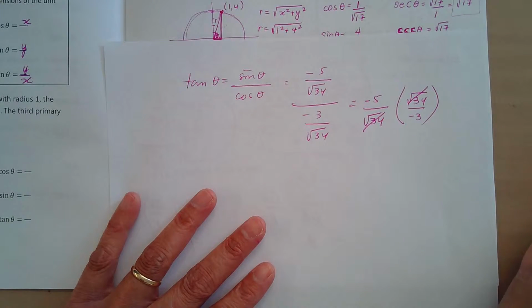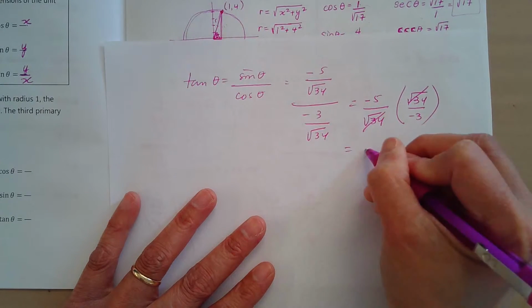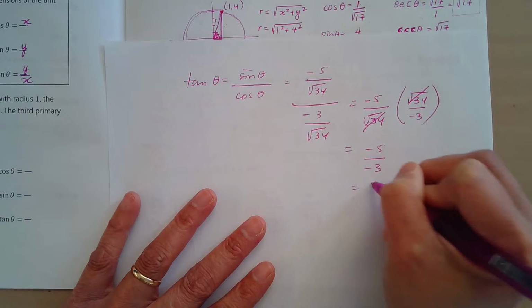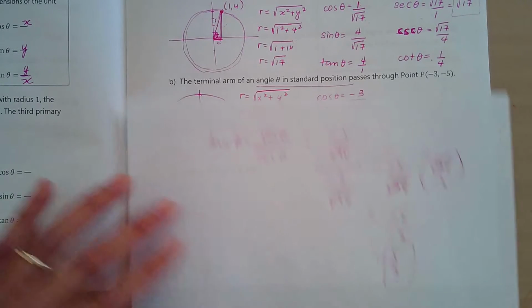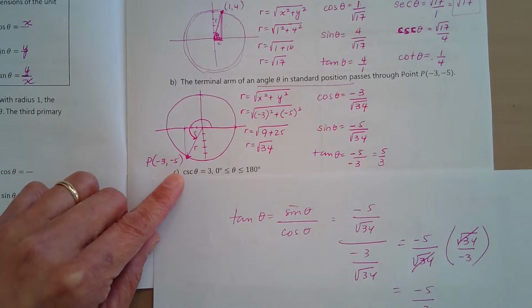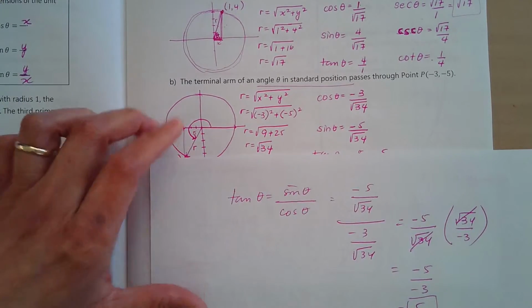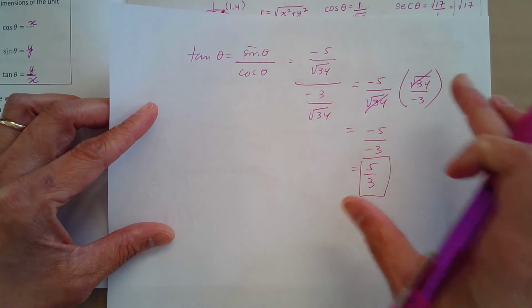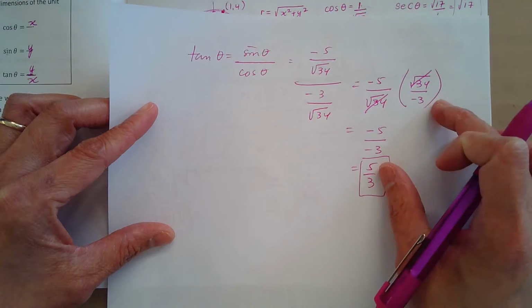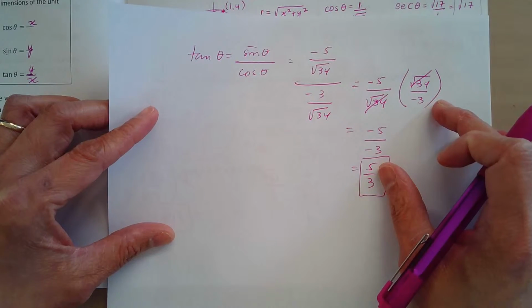Root of 34 cancels. We're left with -5 over -3, which is 5/3. So if you have the point, you can use that. If you don't have the point and you only have the cos theta and sine theta, you can use this strategy. Okay, so we have two different strategies to do.